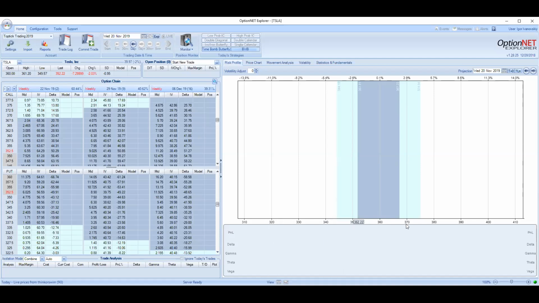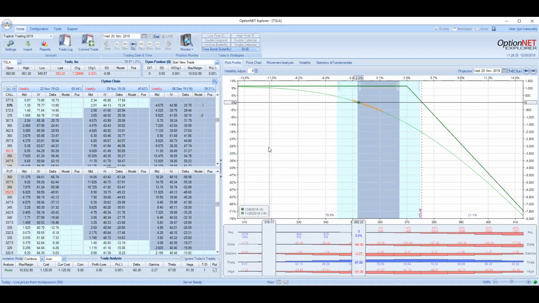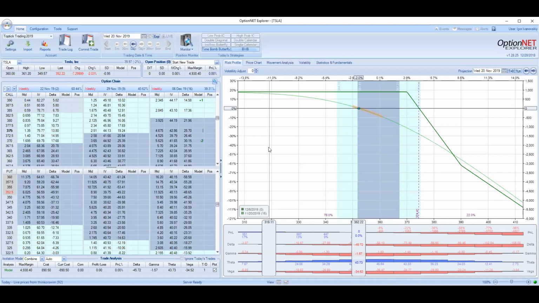If I thought that Tesla will be trading at around 370 2 weeks from now, then maybe I'll just place my short strikes at 370 and then use a 20-point wing. Right? So I'm long 390, short 370s, and then long at 350.